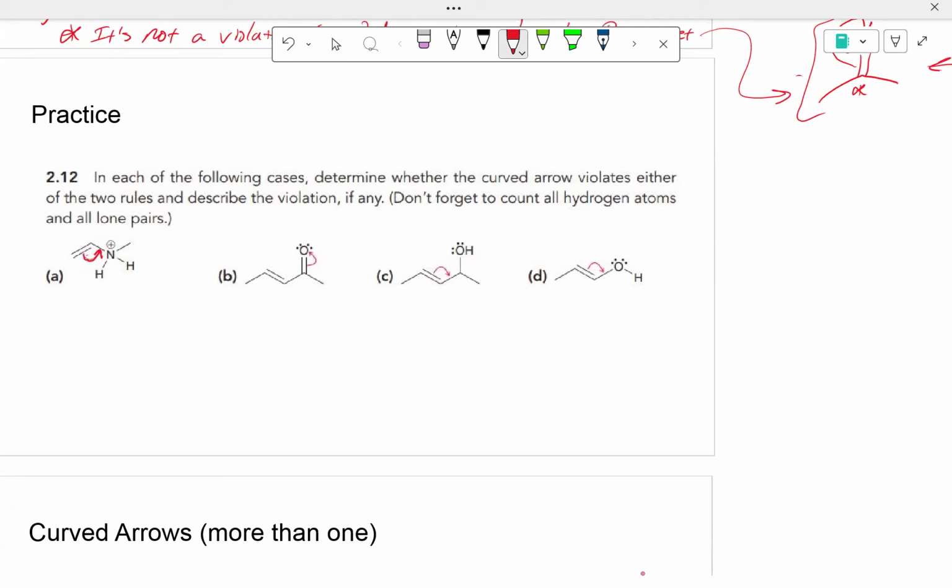Now, what's the hybridization of that nitrogen? That nitrogen's sp3 hybridized. It's already got 8 electrons around it. It can't accommodate any more. So this is a violation. Nitrogen has 8 electrons already.